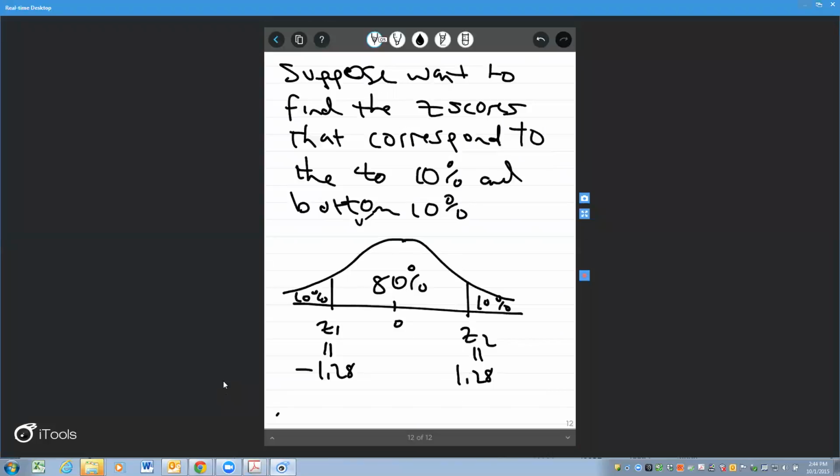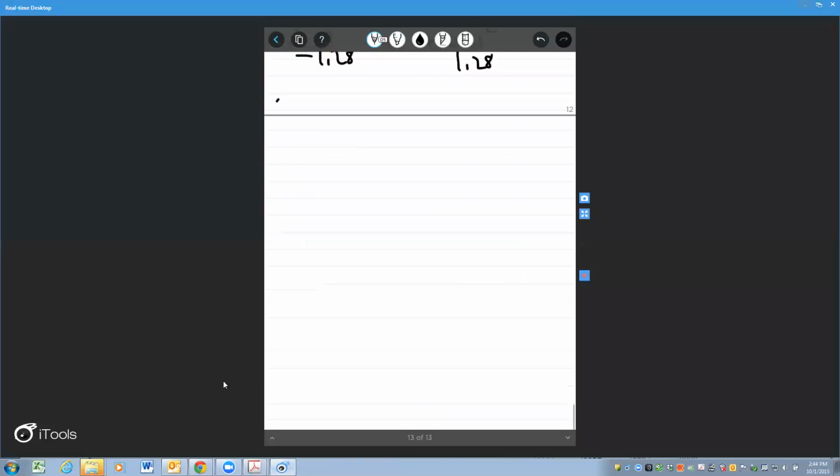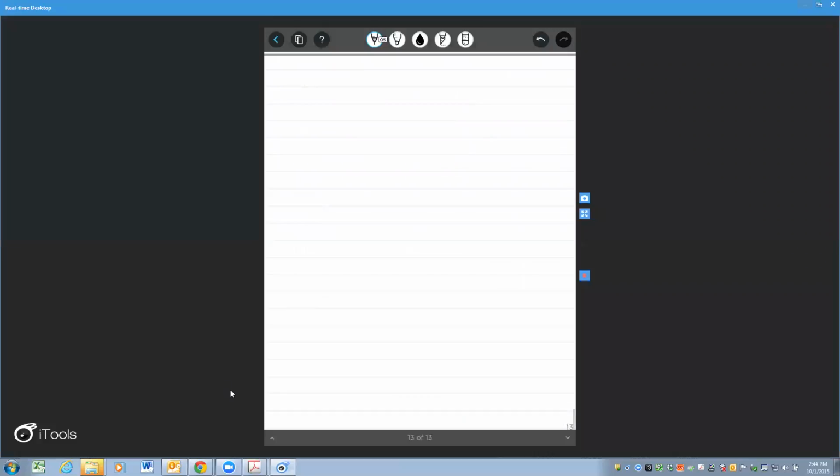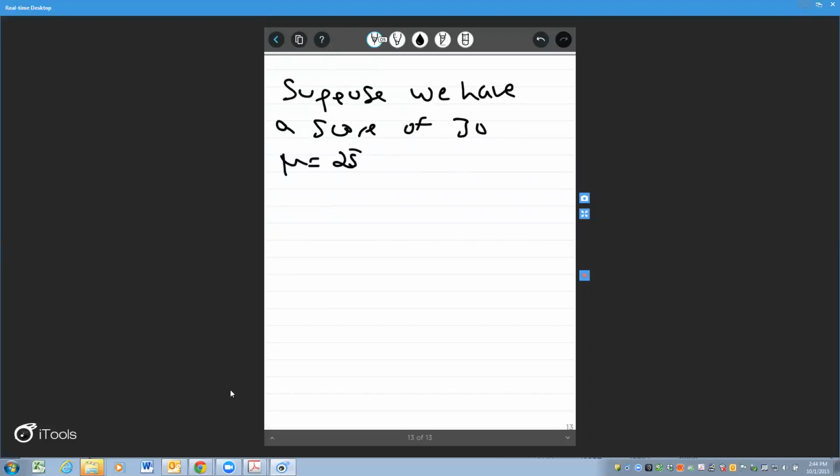The next example I want to talk about is a relative scale. Let's suppose we have a score of 30 where the mean is 25 and the standard deviation is 5.